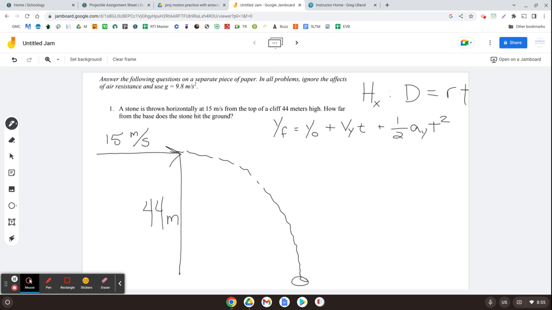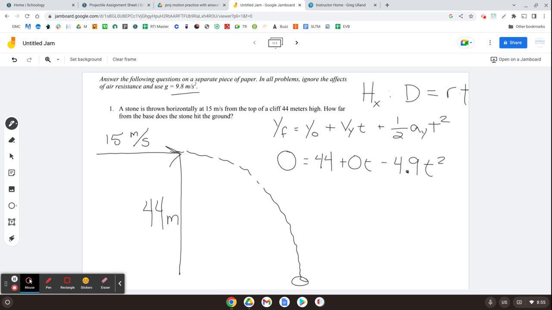Well, we know that its y final position will be 0. Its initial position was 44 meters above. There is no velocity in the y direction; it's all in the x direction. And we know gravity is negative 9.8 meters per second squared. So 1/2 times negative 9.8 gives negative 4.9.